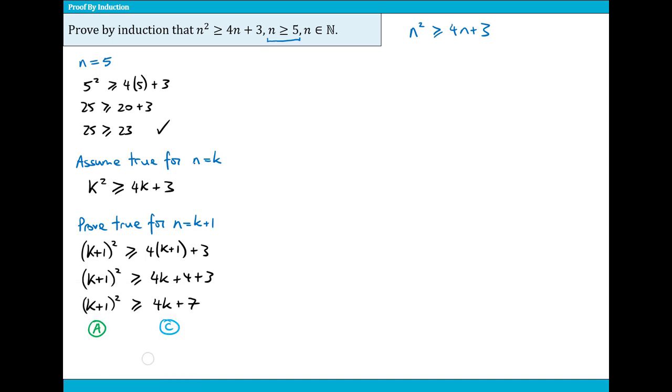We're going to return to the assumption, and I'm going to write the assumption again. So I have k squared is greater than or equal to 4k plus 3. I know this is true, and I want to work with this to turn the left-hand side of this into the left-hand side of what I'm trying to prove. Now, the left-hand side of what I'm trying to prove has a k plus 1 squared, so it's going to be a little bit tricky to turn this k squared into a k plus 1 squared.